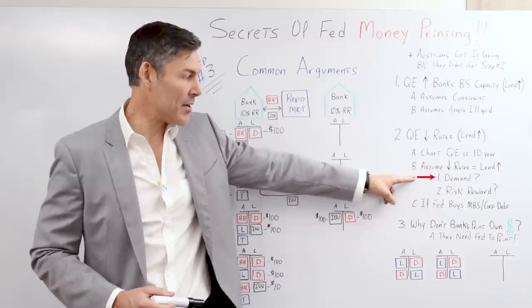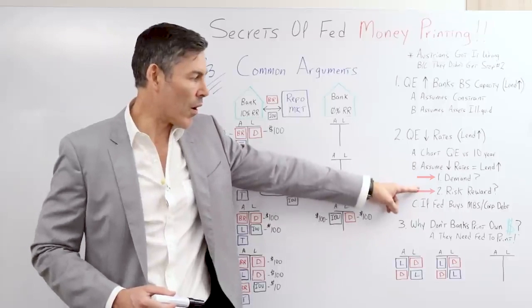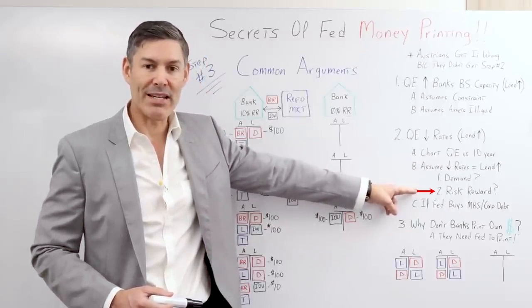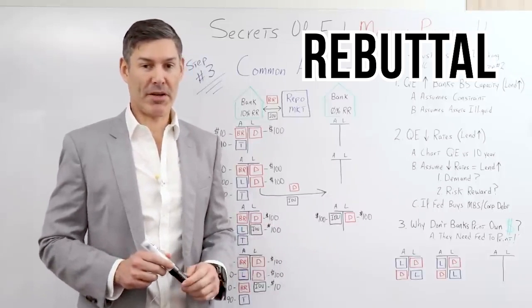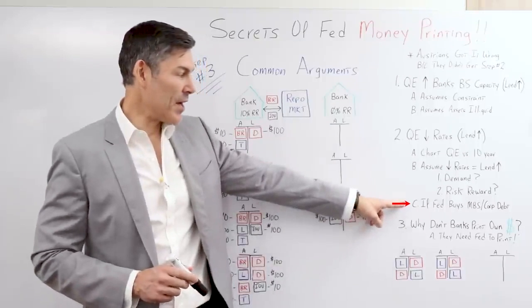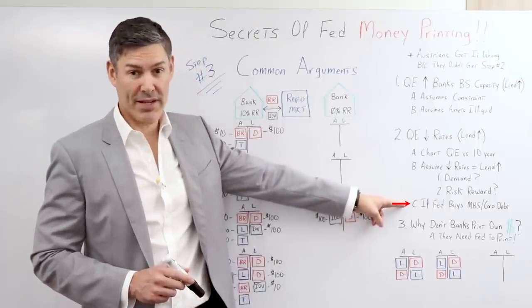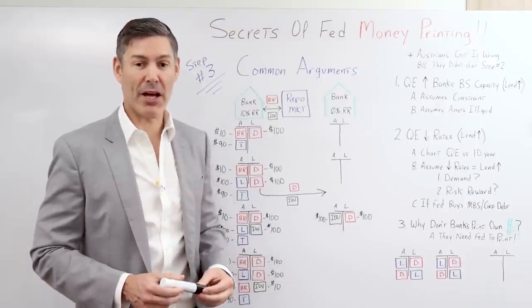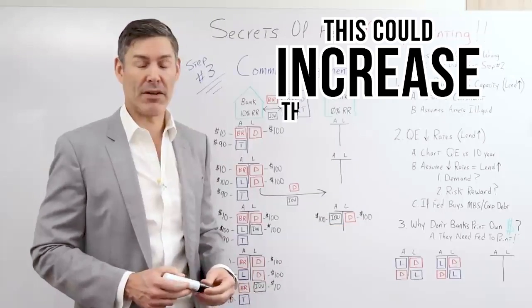If demand doesn't increase, most of the time it does, but not always, or if the risk reward doesn't make sense to the banks to lend in the first place. But even in my rebuttal, there's nuance. If the Fed buys mortgage-backed securities or corporate debt, and this is part of their QE program, let's say, and they're not buying treasuries, yes, this could increase the amount of lending.